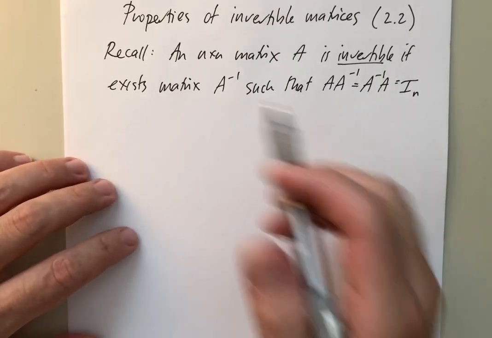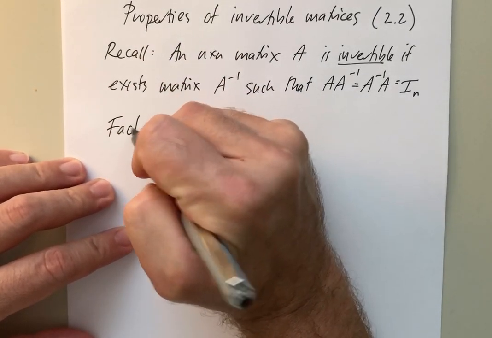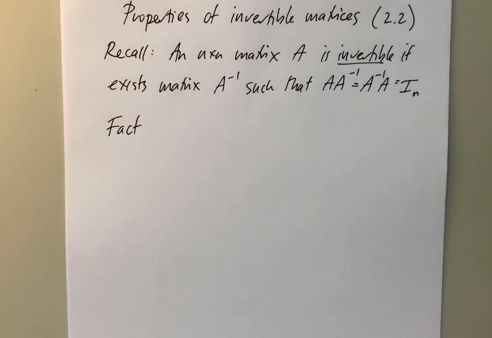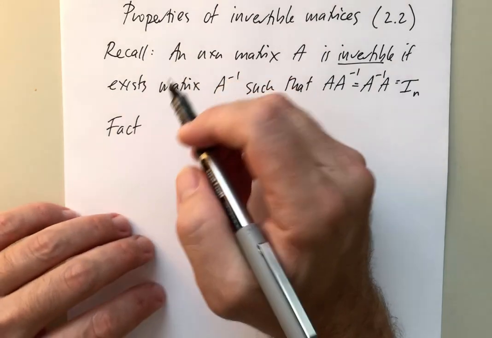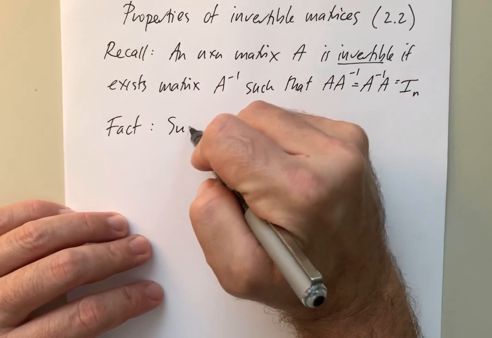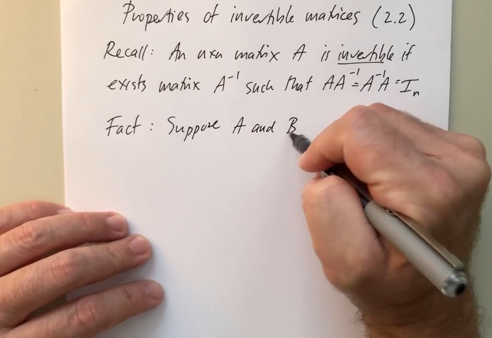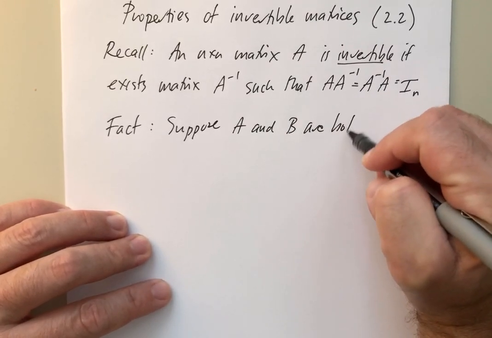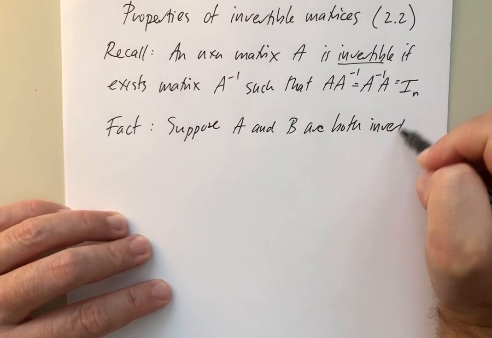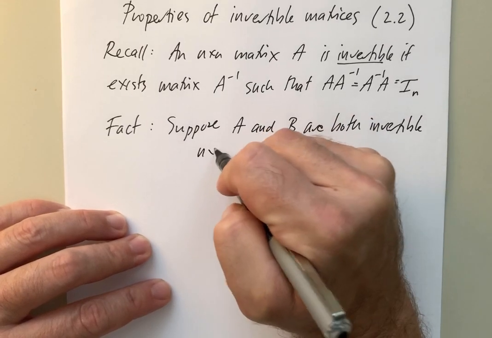matrices. The first thing I want to point out is, if we know that a matrix is invertible, can we say something about related matrices? So suppose A and B are both invertible, let's say n by n matrices.